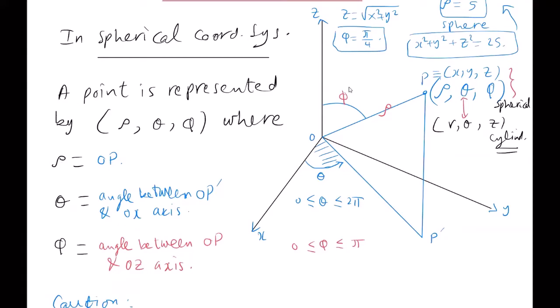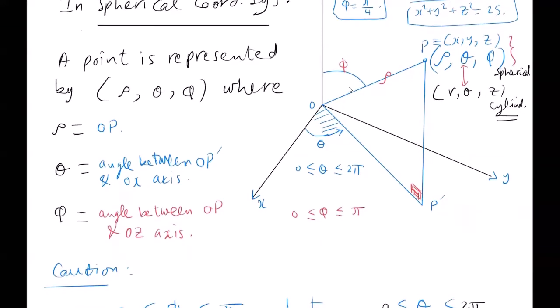This is very clear here from this triangle. This is the projection, so this is a right angle. We projected P onto the XY plane, so we have a right angle triangle P, P prime, O. And this angle phi will be equal to this angle phi. They are alternating angles.